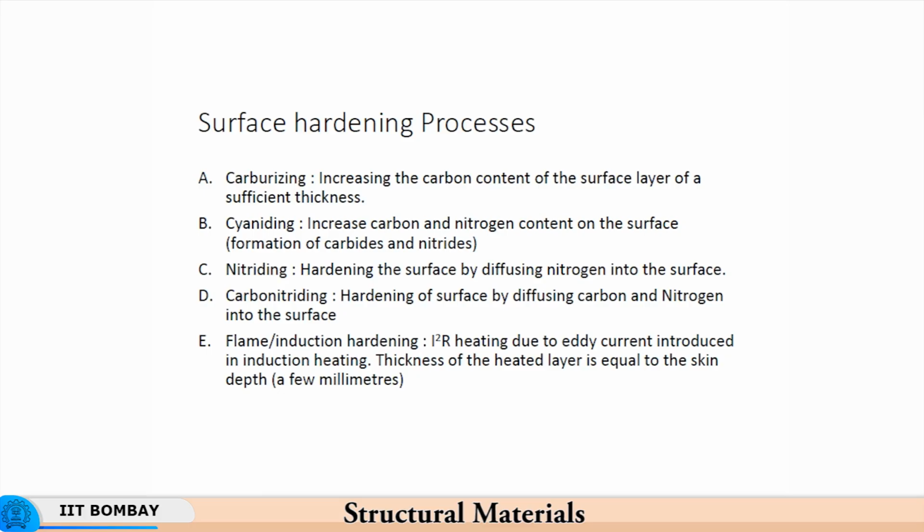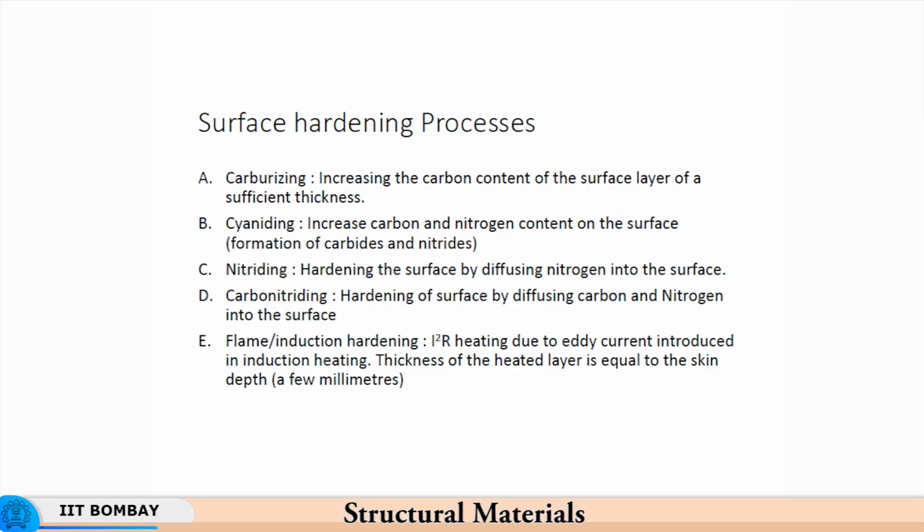The eddy currents do not circulate over the entire cross section, they circulate up to a certain depth on the surface. So, depending on the depth of the surface you want to be heated, you can set these electrical parameters, that is voltage and current, so that the current induced is also controlled.